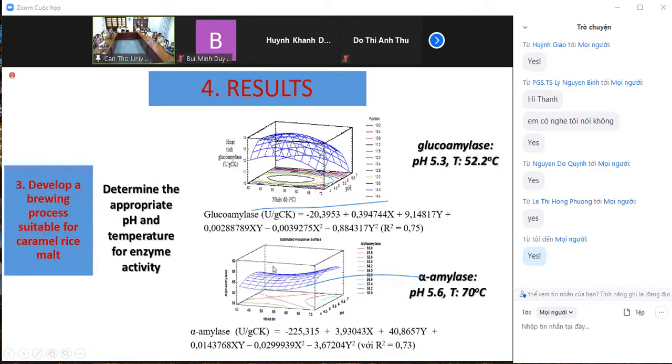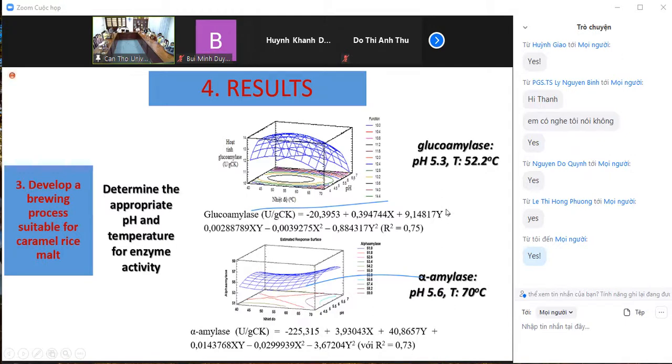In the next step, to completely mash the dry malt, we can control the two main factors that affect the mashing program. This is the pH and the temperature for 2 groups of enzymes. This is the alpha-amylase and glucoamylase. We can obtain the optimal condition for glucoamylase.